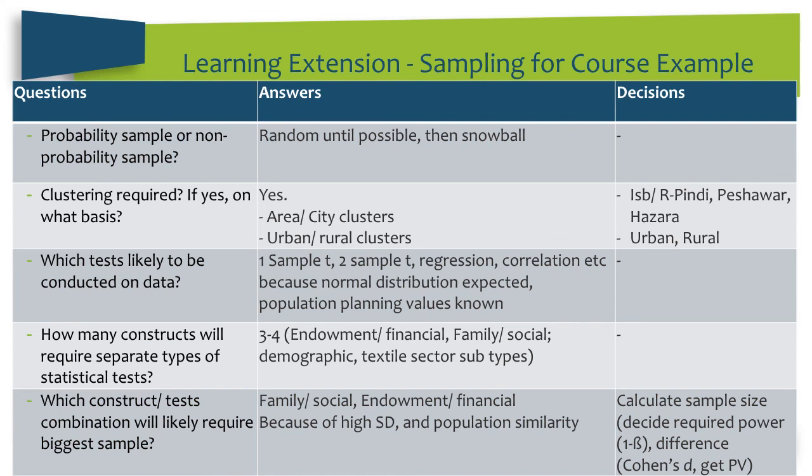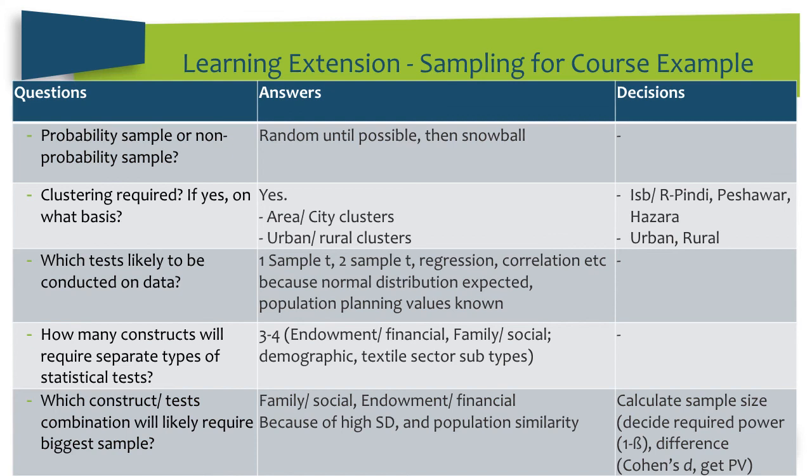Now, this last one is the key question. Which construct or test combination will likely require the biggest sample? For my case, I think the family and social aptitude towards mixing with men and towards interest would require the biggest sample. Why? Because the difference is difficult to detect.